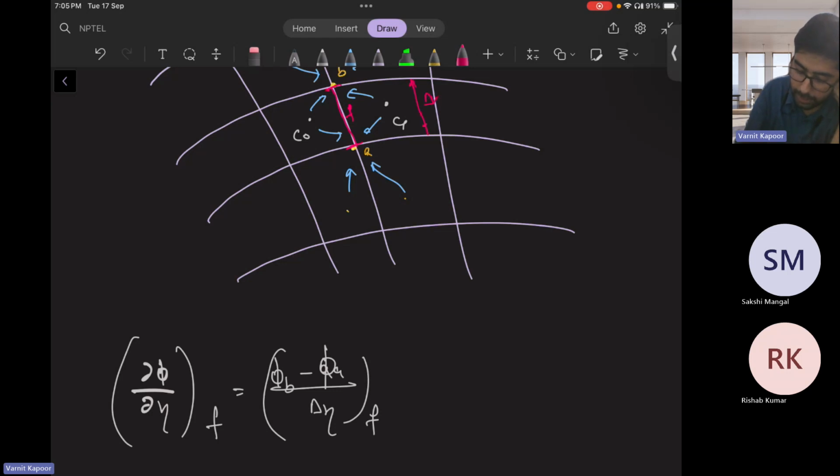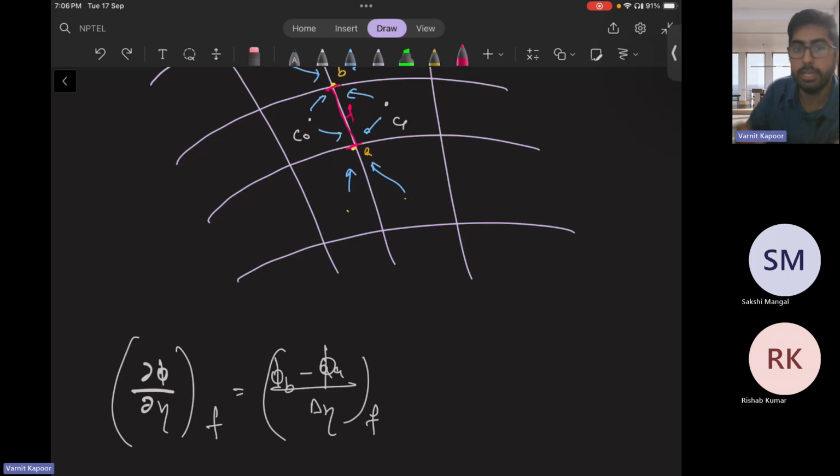This is del eta direction. Or you can calculate the gradient at the cell centroid itself. Instead of interpolating phi, you can calculate dou phi by dou eta at cell centroid C0, and also dou phi by dou eta at cell centroid C1, and then interpolate these two to obtain the dou phi by dou eta on that particular face between these two cells.